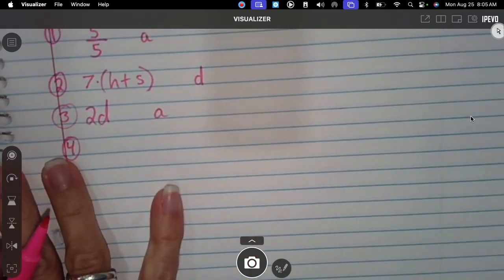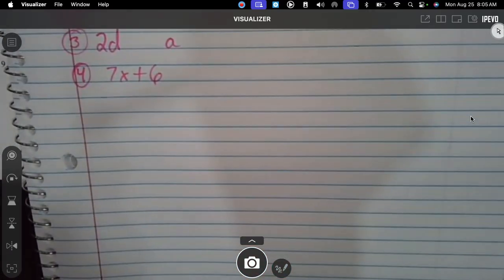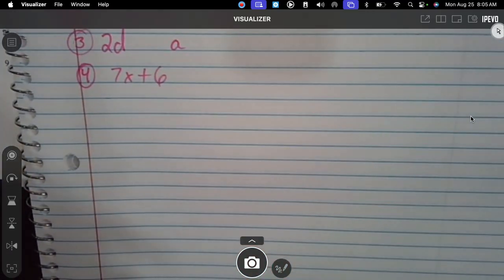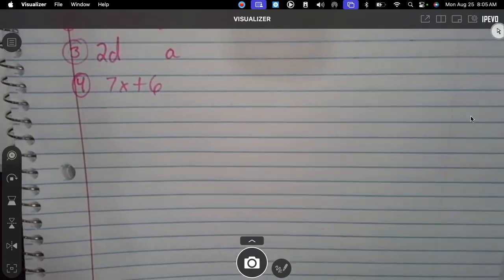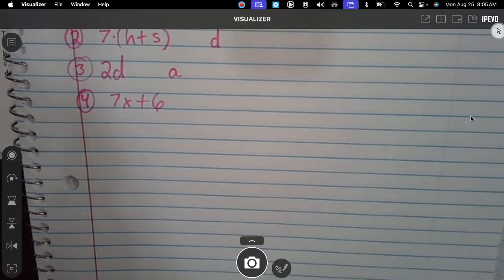Number 4, 7x plus 6. That's how I would read it. I would write it 7 times x plus 6. They may put 7 times a number, 7 times a number x plus 6. Let's see. I'm not seeing any of those.